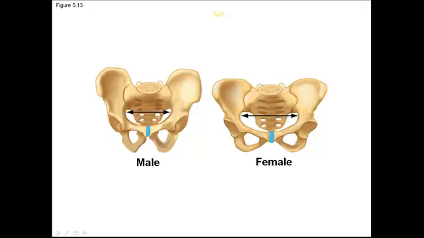The male and female pelvises look different. The way I tell is this right here, this angle, very angular in the male, and over here it's very gradual. It allows for a wider pelvic inlet to give birth.